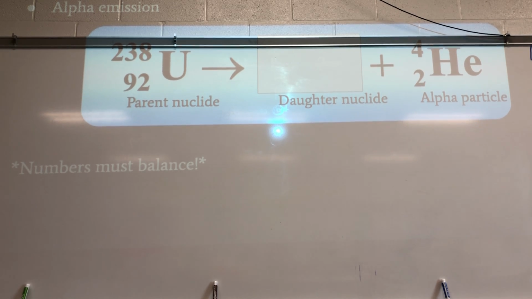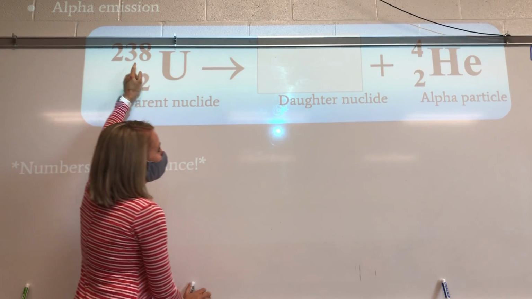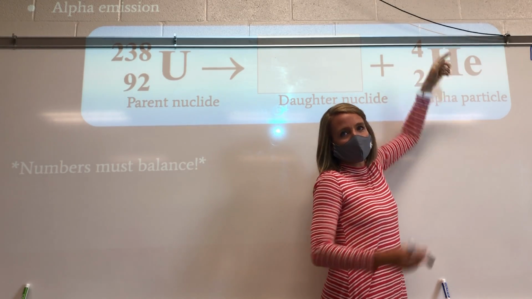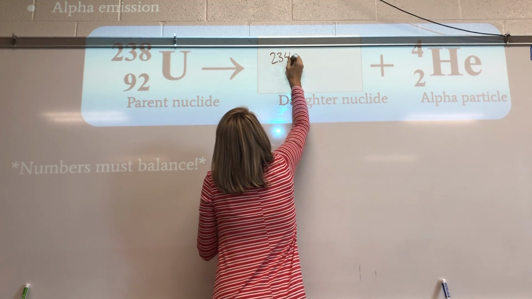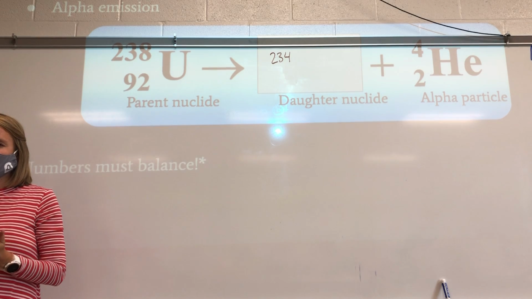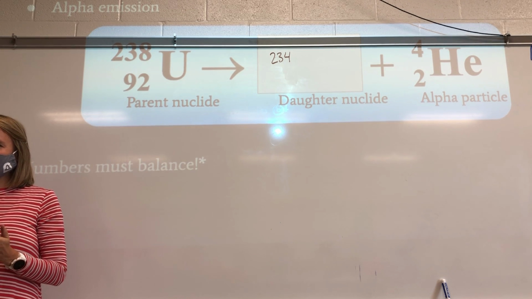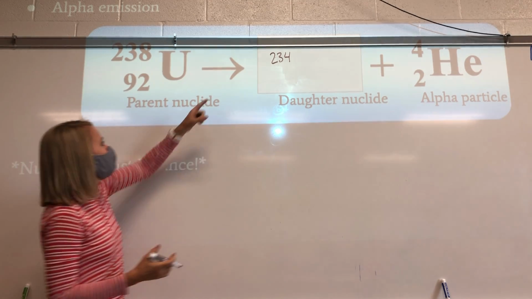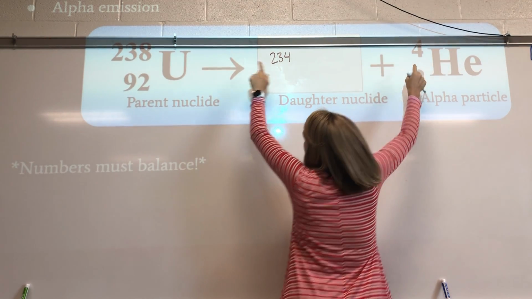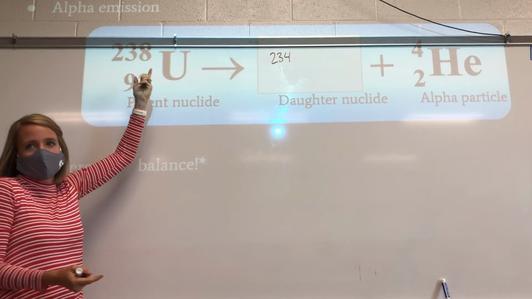Let's start with the mass first. We have a mass of 238. It's kicking out something with a mass of 4, so our new thing is going to have a mass of 234. Make sense? Once again, follow the equal sign: 234 plus 4 equals 238.